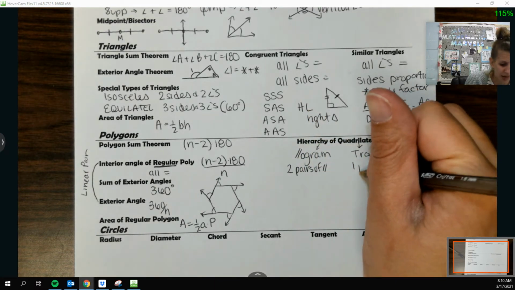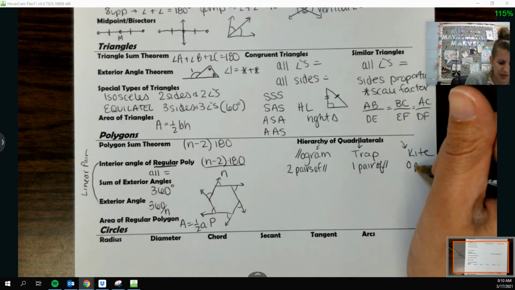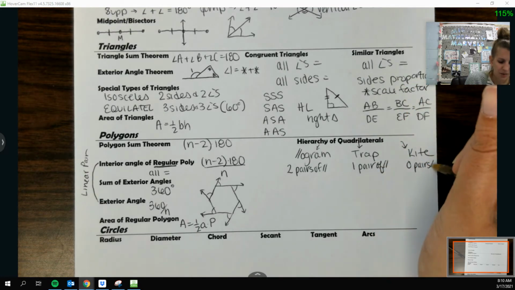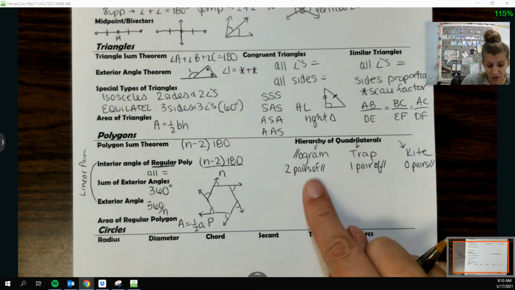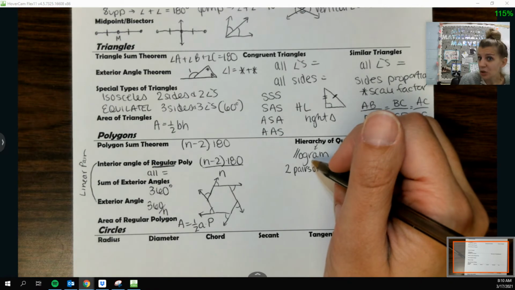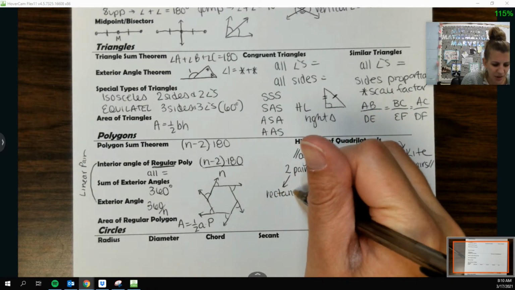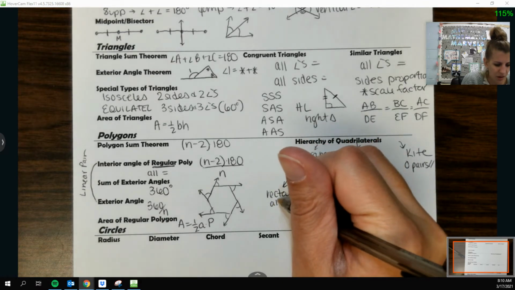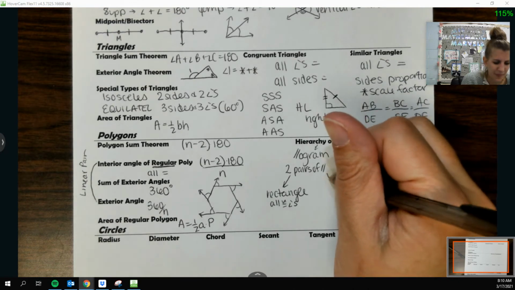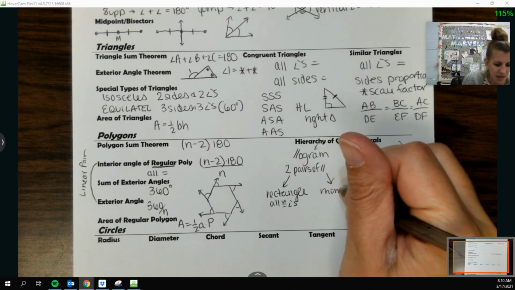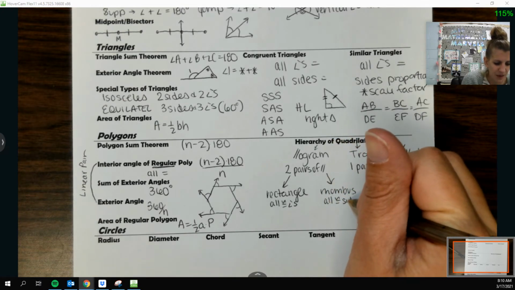This has 1 pair of parallel sides, and this has 0 pairs of parallel sides. If you have 2 pairs of parallel sides, you're a parallelogram, but you might be better than that. You might be a rectangle because you have all congruent angles. They're all 90. Or you might be a rhombus because you have all congruent sides.